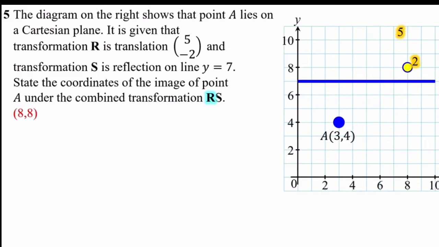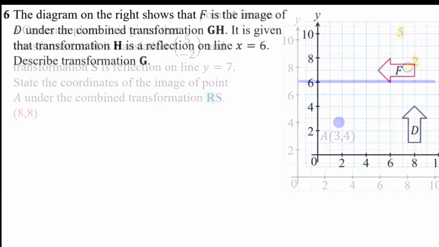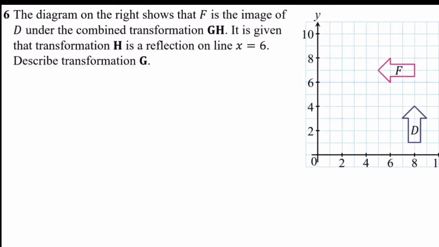See the next question. The diagram on the right shows that F is the image of D under the combined transformation GH. It is given that transformation H is the reflection on the line x equals 6. Describe transformation G. So that means F is the final image, right?